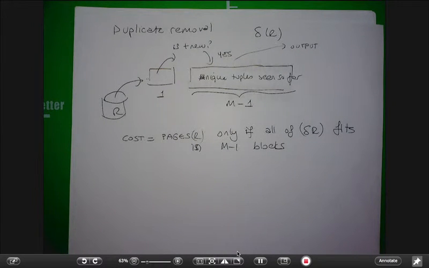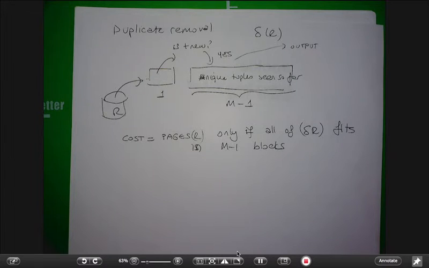Because you actually have to keep track of all the unique tuples so far to know whether you have output this or not. You cannot get rid of tuples you have seen because then you may output the same tuple multiple times.